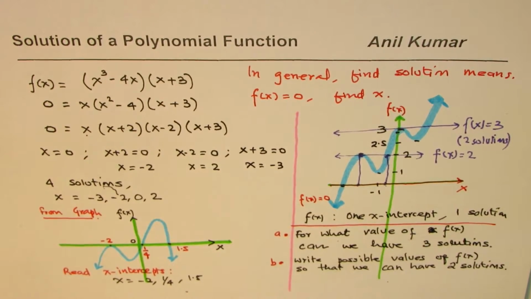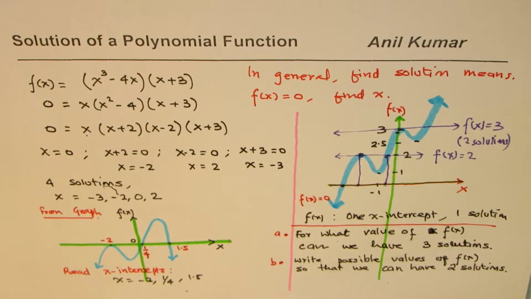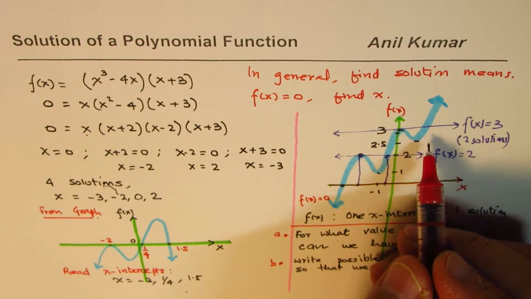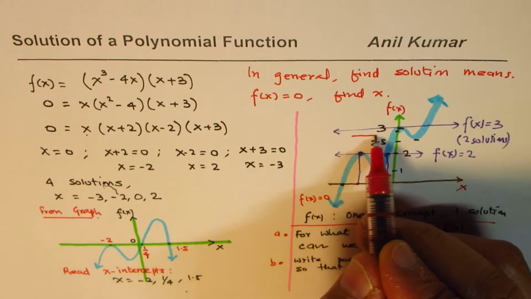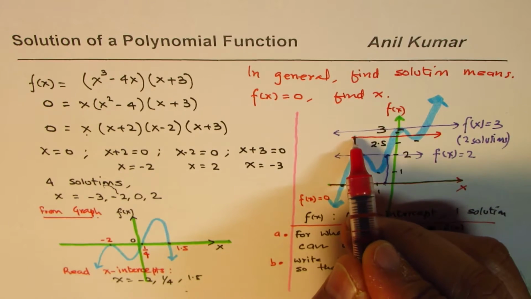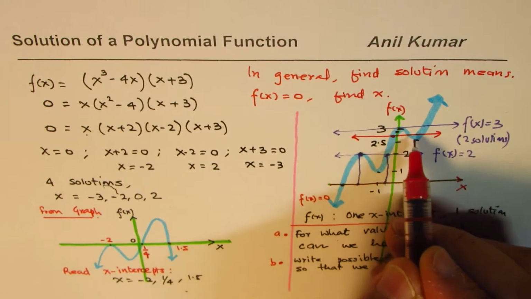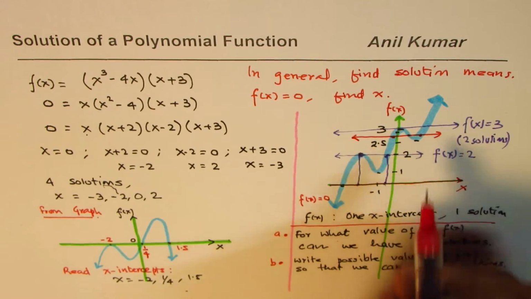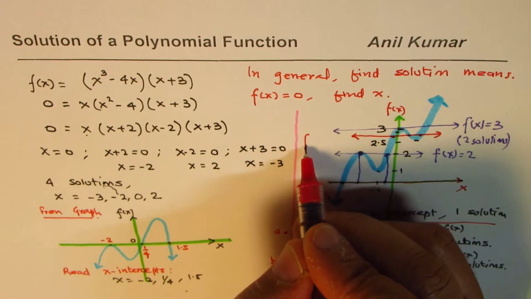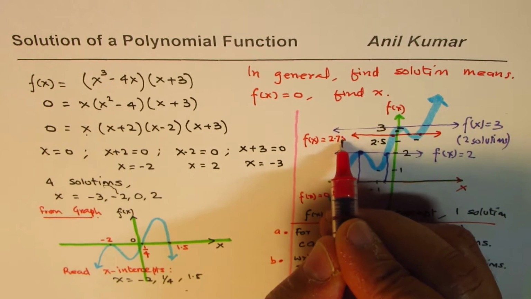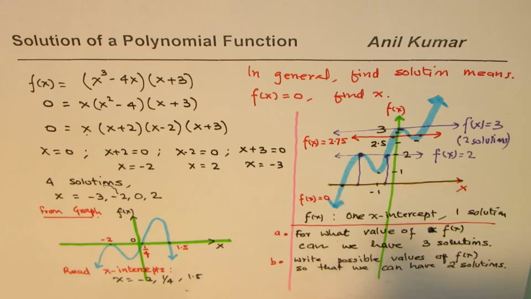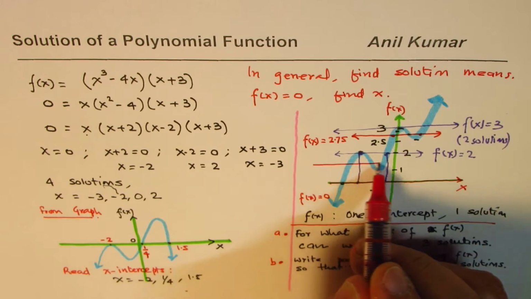Okay. Now for 3, similarly, you can draw horizontal lines where it could intersect at 3 points. So if I draw a line between 2.5 and 3, somewhere here, as you can see, it will intersect at 3 points. So we have 3 solutions. So we can say for f of x equals 2.75, for example, I could have drawn a line here.